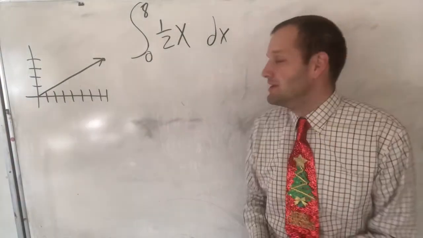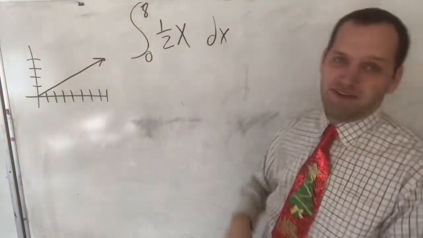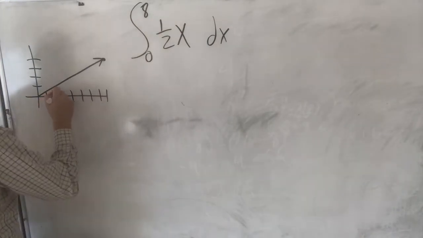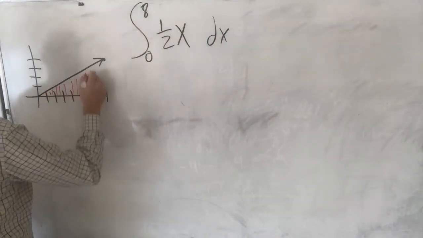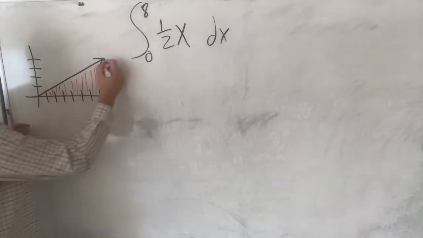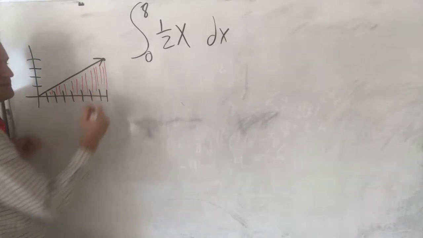Okay, here's a fun one. So we have the graph of 1/2 x, and we want to integrate it from 0 to 8. So basically, what is the area under the curve from 0 all the way to 8? Well, if we want to find this area, doesn't it kind of look like a triangle?